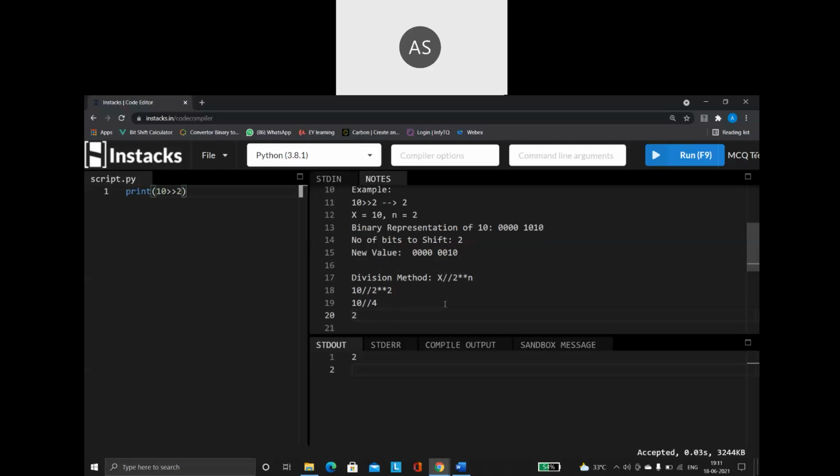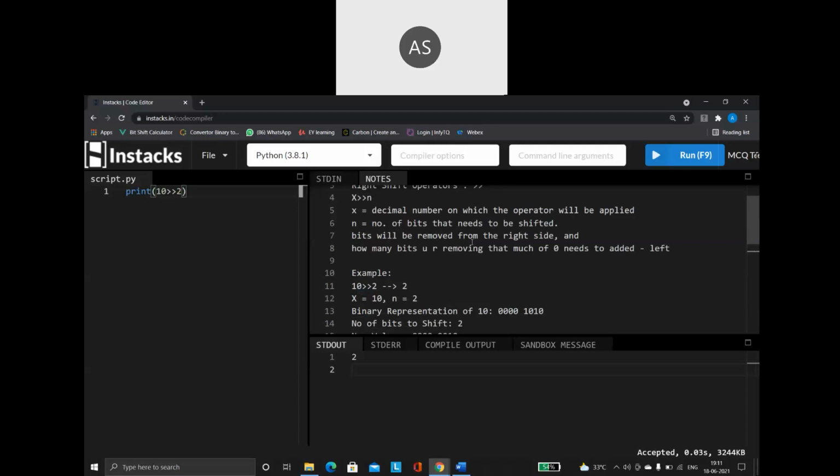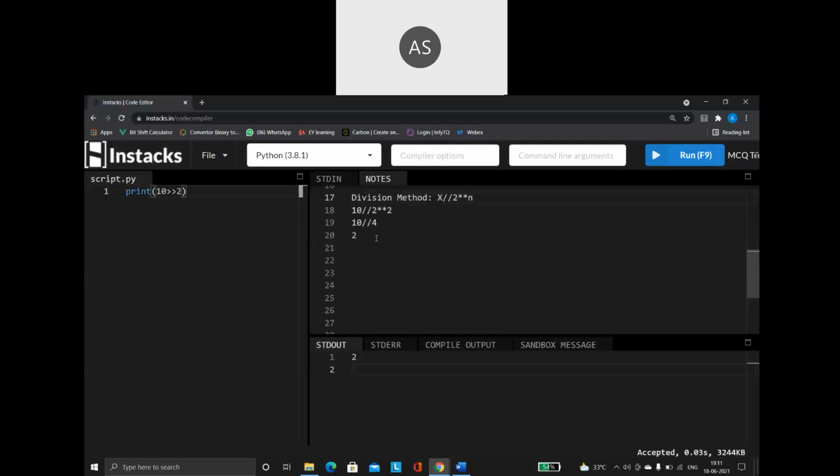It will not give me any fractional values. So cross check the answer. This is the answer we got in our method, and this is the answer you get using the division method also.